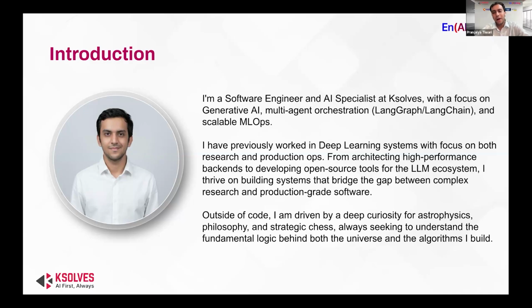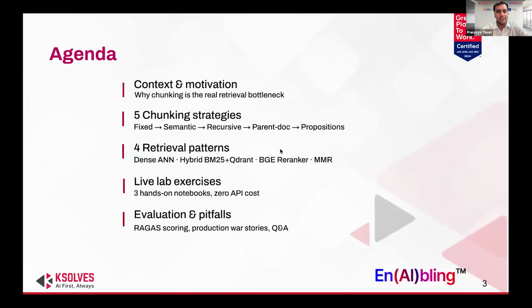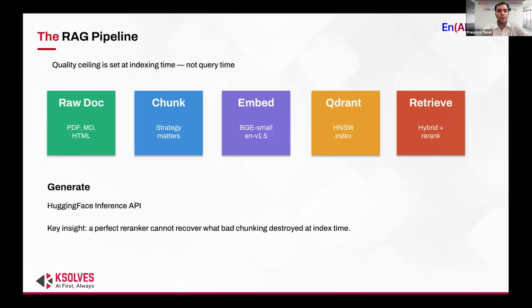So we go back to the actual topic of our discussion, which is retrieval augmented generation. So what is this RAG pipeline? Before we discuss what the RAG pipeline is, we need to understand the use of RAG.